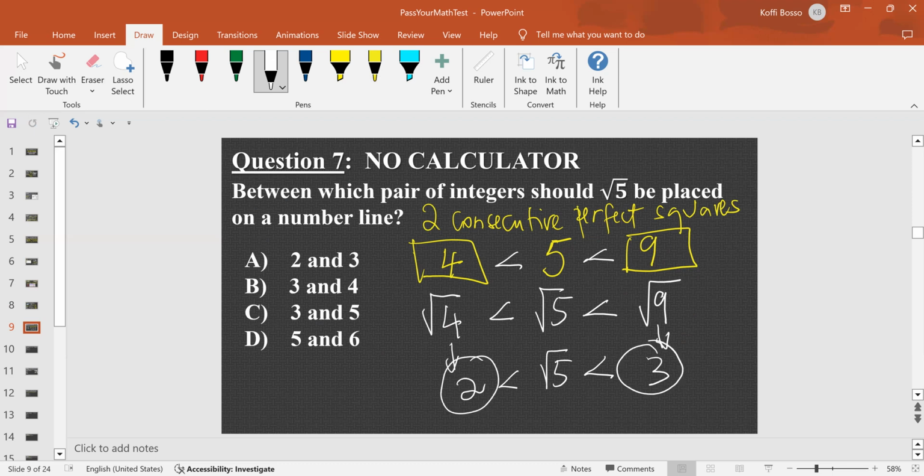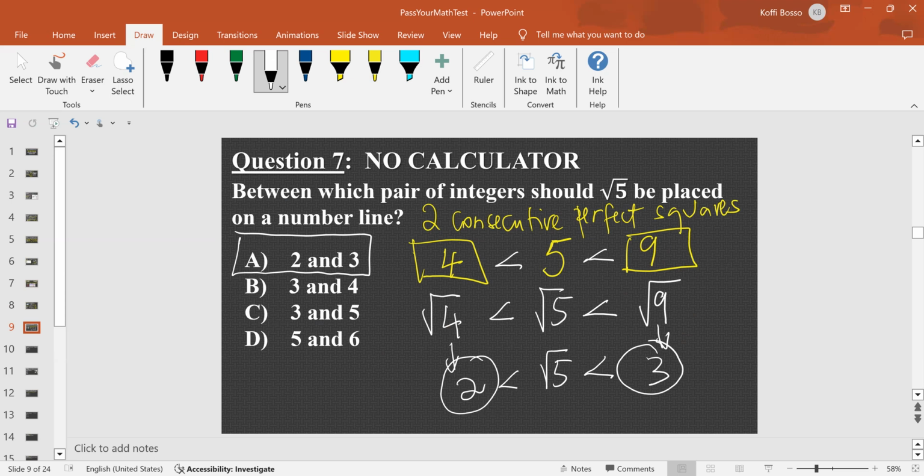So the correct choice here is A. Again, the key for this question is, first of all, take the number inside the square root and locate that number between two consecutive perfect squares. After that, take the square root of everything and you'll see your answer.